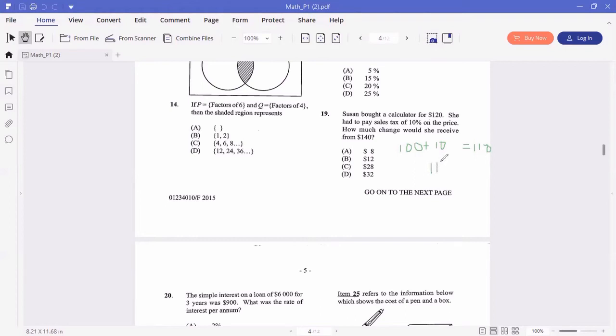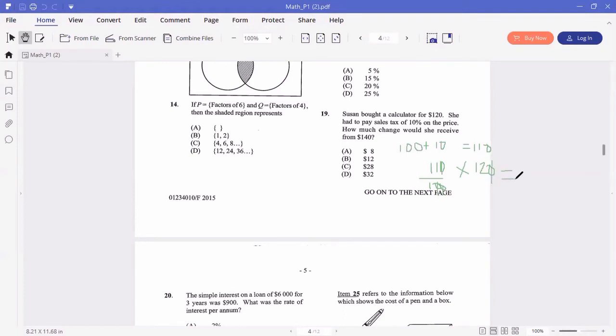So to find our total bill, it's 110% over 100 times 120. I can cancel this, leaving me with 11 over 10, and cancel 10 here with a 0 there.